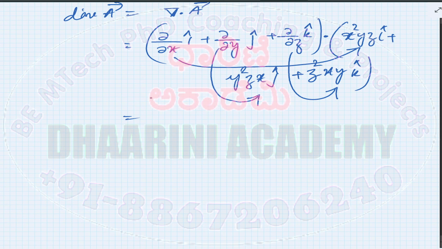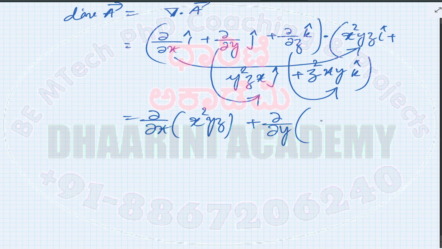So this is equal to ∂/∂x applied to x square yz, plus ∂/∂y applied to y square zx, plus ∂/∂z applied to z square xy.